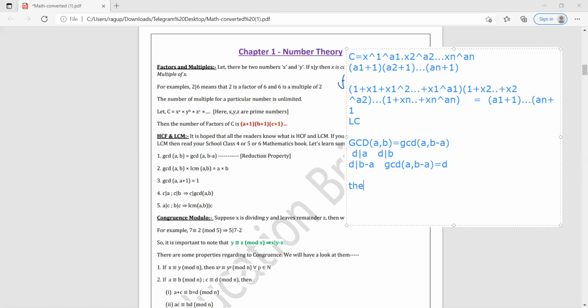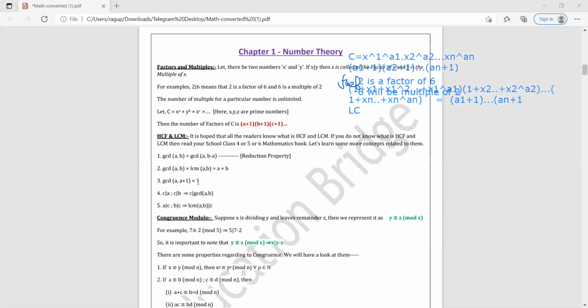So if it exists, let's say it will be L. So L divides A, L divides B minus A. So basically it would mean that L divides B. So it would mean that GCD of A and B would be equal to L, and thus it would be a contradiction to our assumption that GCD is D. Thus GCD of A comma B is GCD of A comma B minus A, and thus we can use this property in our sums.